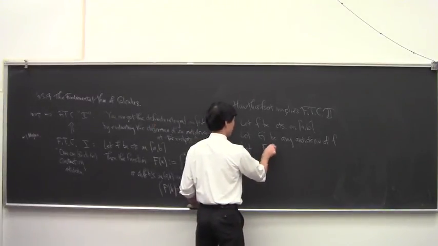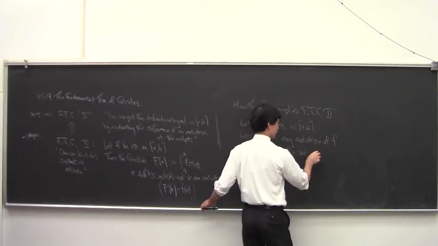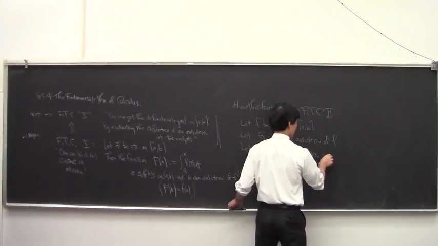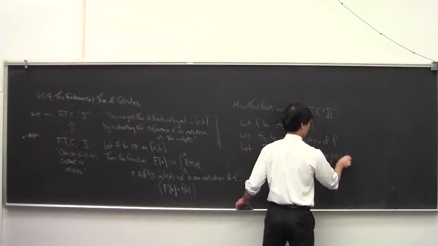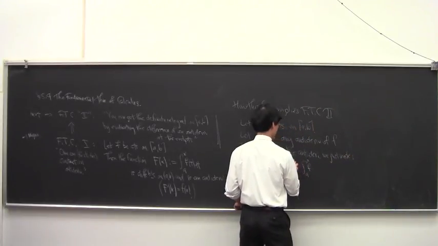Let big F be the antiderivative we just constructed, the integral of little f from a to x.